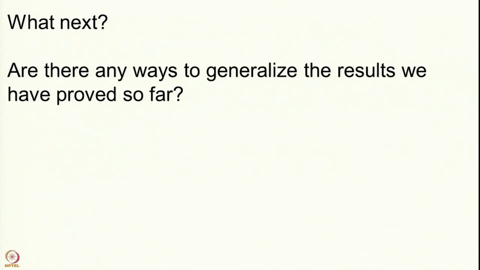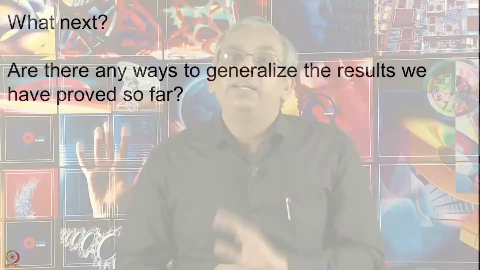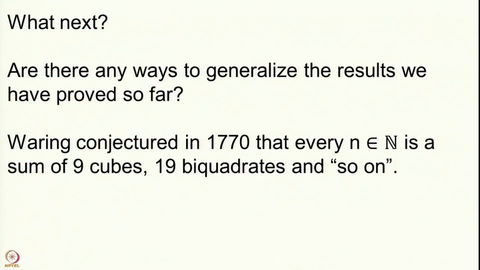So, one can ask, are there any ways to generalize the results that we have proved so far? Especially Lagrange's theorem, is there a way to generalize it to some other concept? So, Waring conjectured in 1770, immediately after Lagrange proved the result, Waring said that wow, this is good.